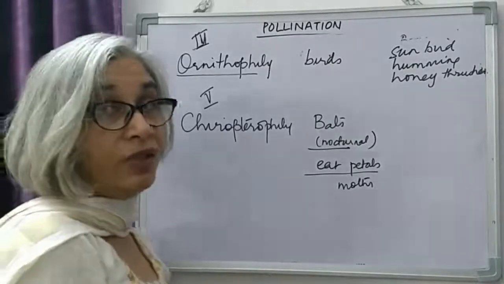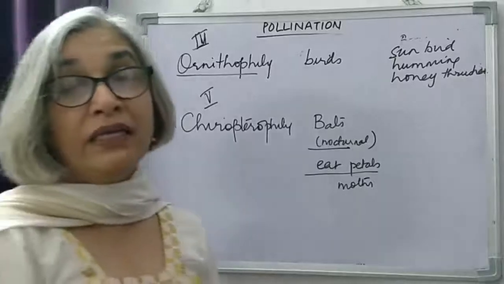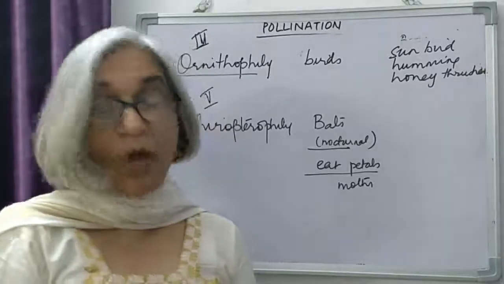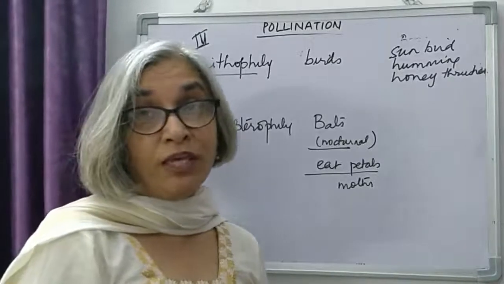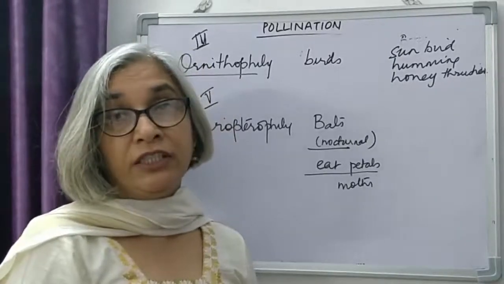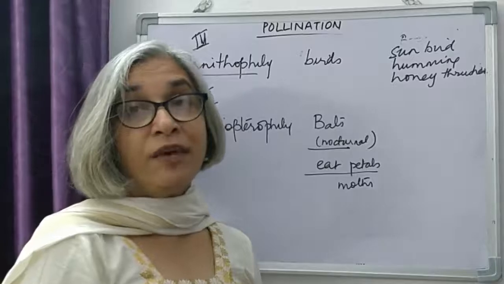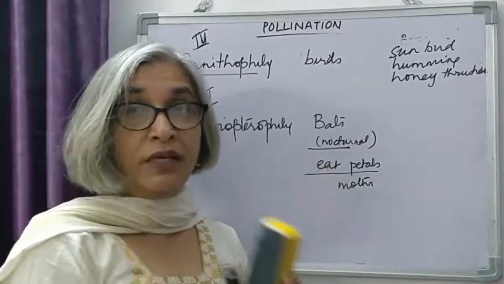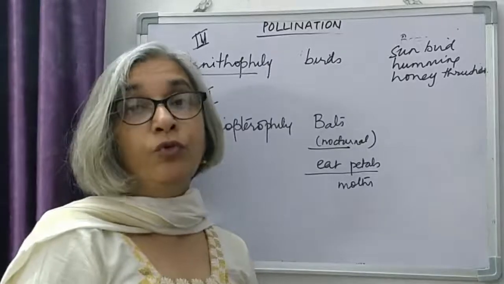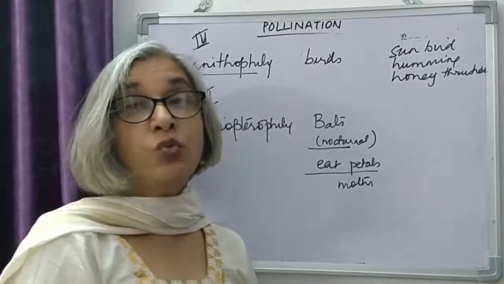And as I told you, man is an important pollinator, and when human beings bring about pollination, there is a specific purpose for it. They are trying to bring the desired qualities of two different types of plants into one.